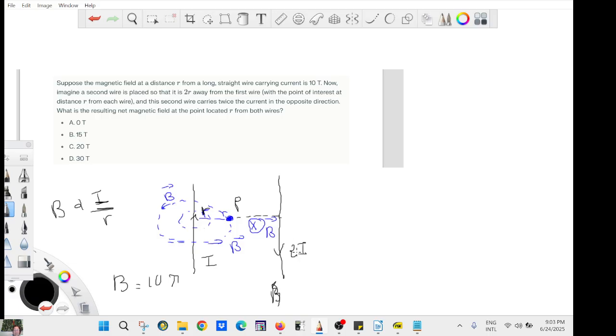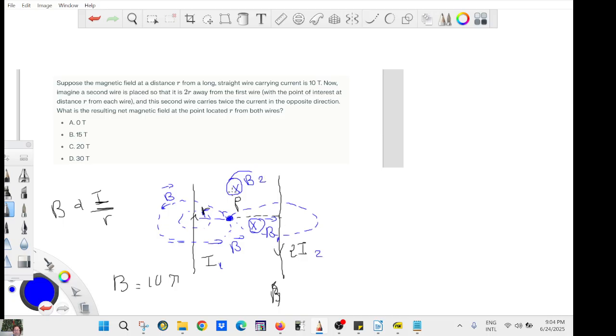Okay, so the magnetic field from this one, you see it's circling around. You take your right hand and you see that the magnetic field here is also going into the blackboard. So this is 1, this is 2, this is 2, and this is 1.